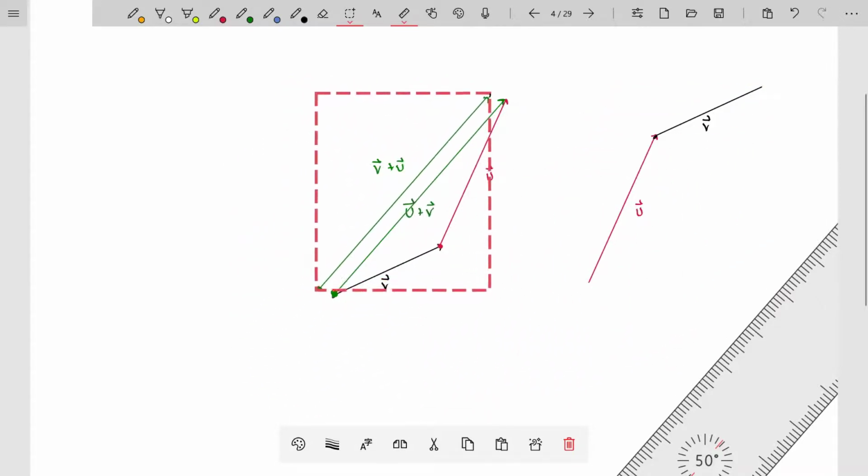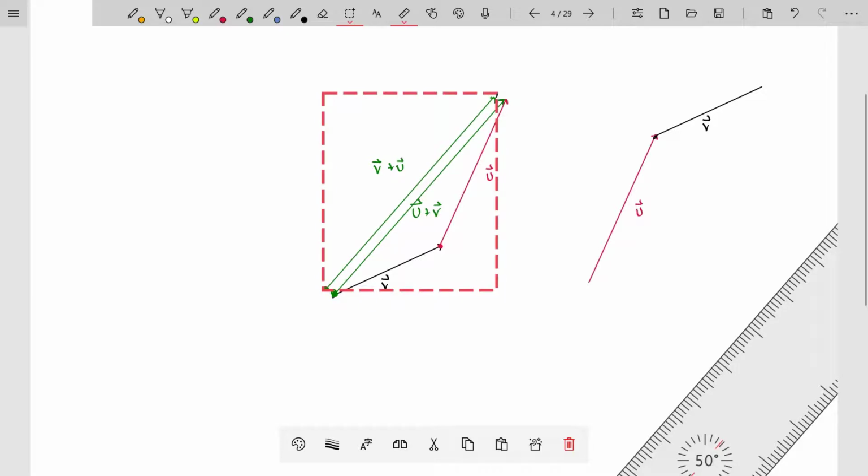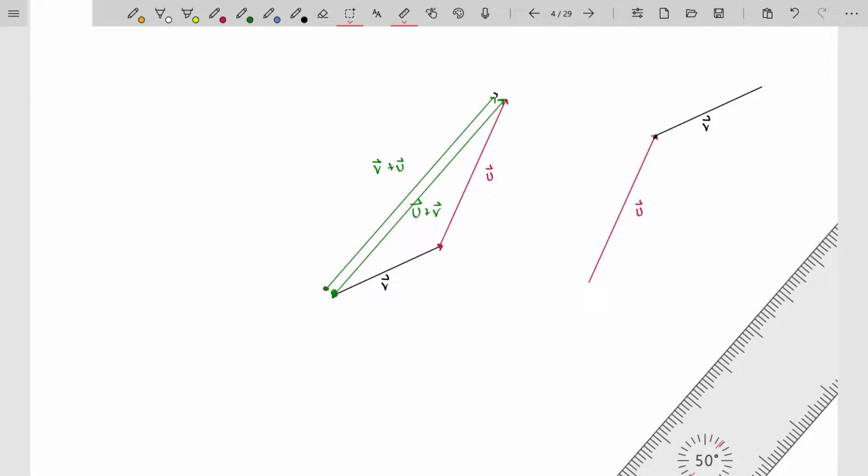You can see that vector is basically the same as the vector u plus v. V plus u and u plus v are the same. So there you go. That's a pretty good manipulation there. All right, so that's how vector addition is done.